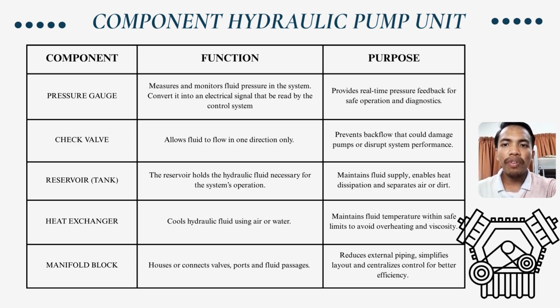Purpose: maintain fluid temperature within a safe limit to avoid overheating and viscosity loss. Last, the manifold block. Function: house or connect valves, ports and fluid passages. Purpose: reduce external piping, simplify layout and centralize control for better efficiency.